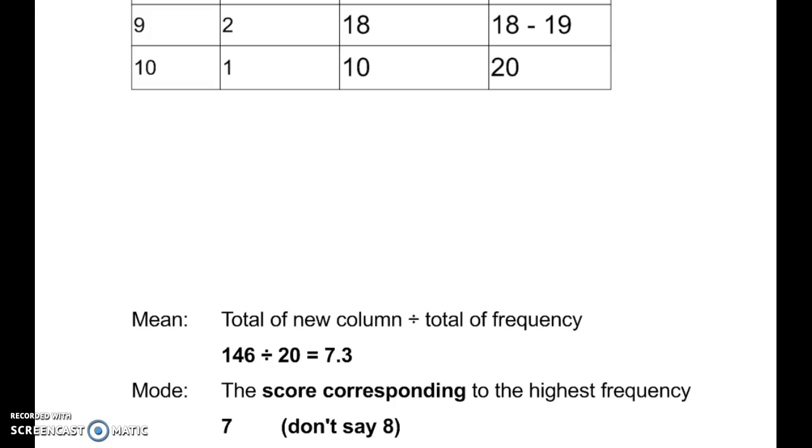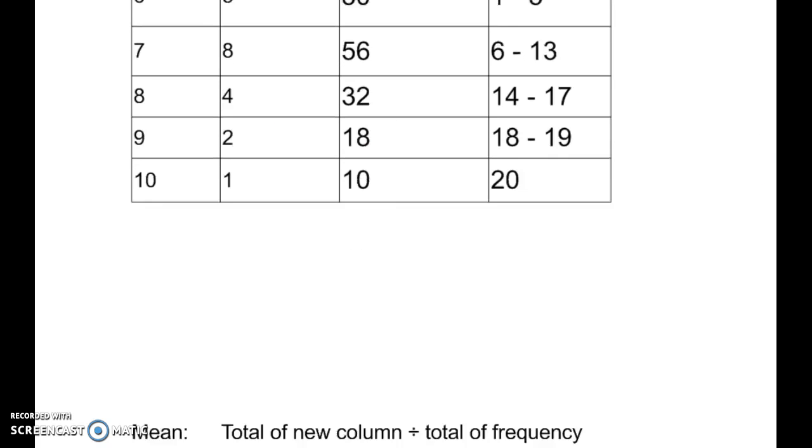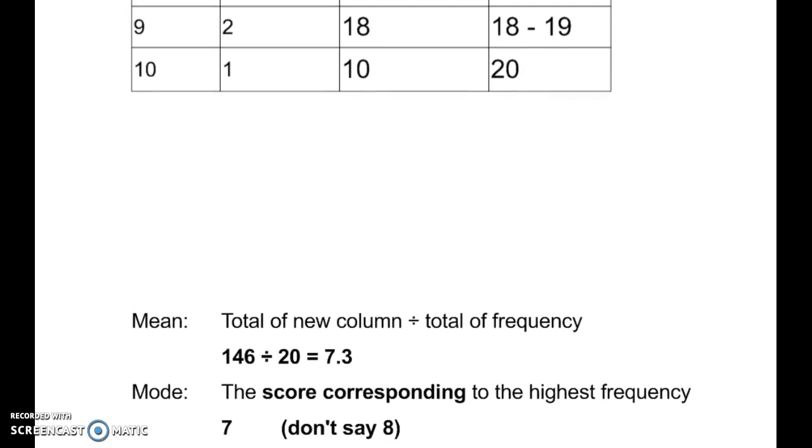Please don't do what I've seen quite a few times. People find the highest frequency and say that that is the mode. It's not. It's the score corresponding to the highest frequency. So use your left-hand column here for your mode. So the answer is 7 for that.